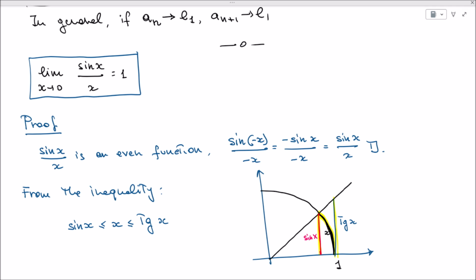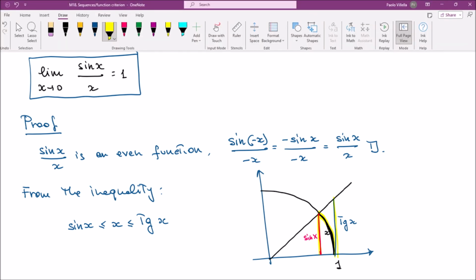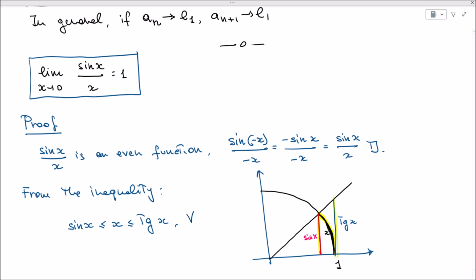And of course, this is valid for x that belongs to the interval 0 to pi over 2, because we said that we want to just consider positive arcs that will approach 0.